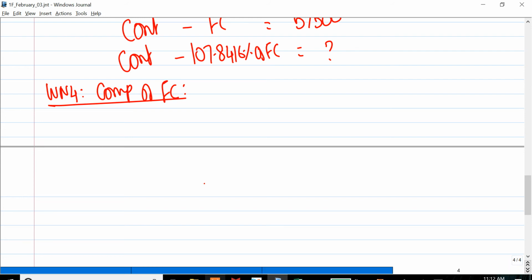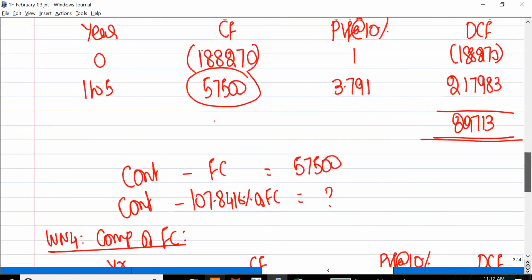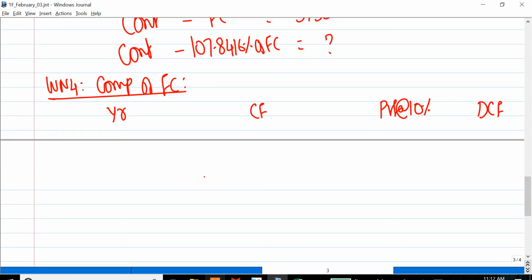Year, cash flow, PVF at 10%, DCF. Year 0, and years 1 to 5.